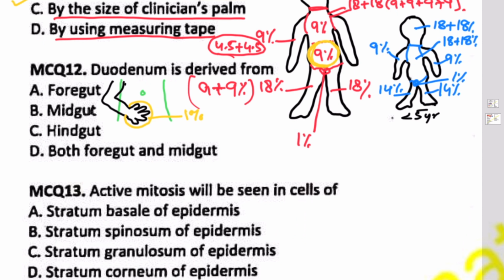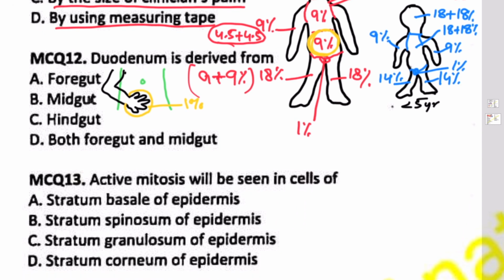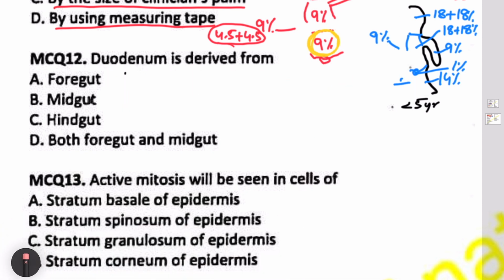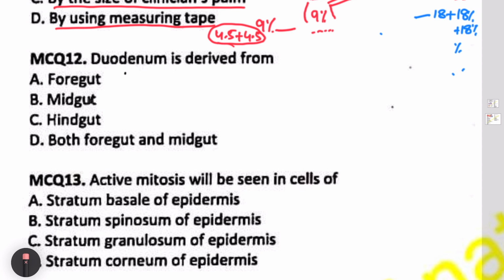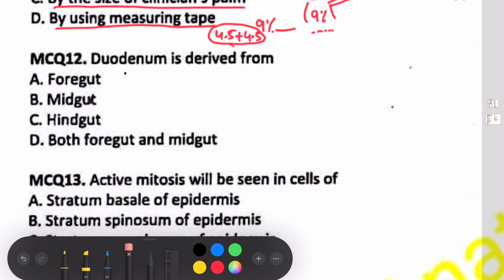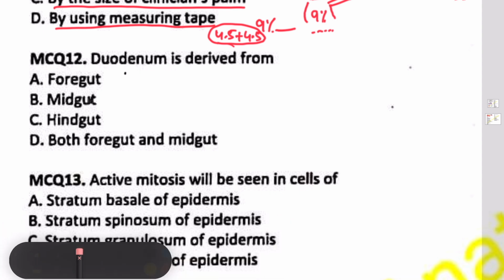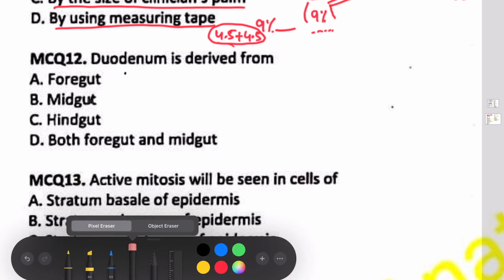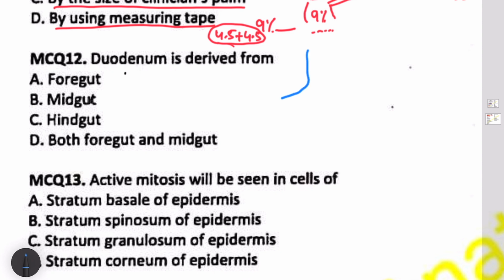The next question is: duodenum is derived from. Okay, so what I'm drawing here is the foregut, midgut, hindgut.